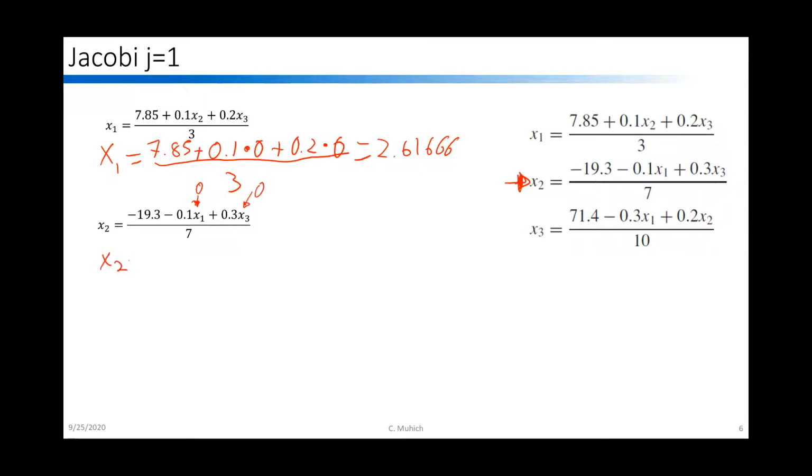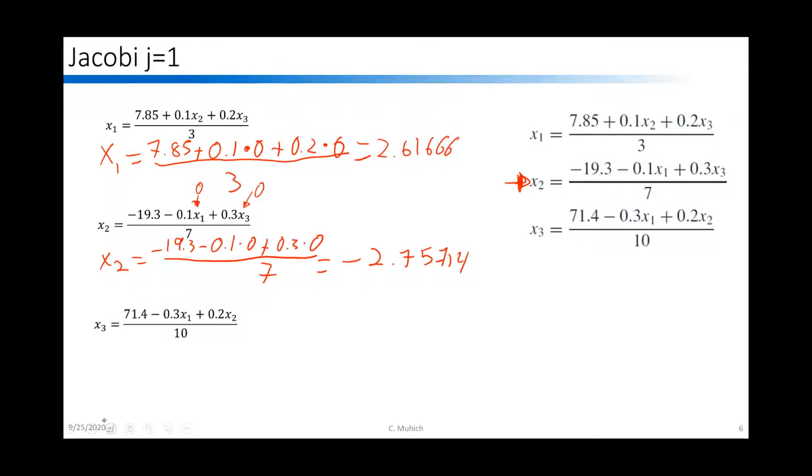So if I solve this out, we have negative 19.3 minus 0.1 times 0 plus 0.3 times 0 all over 7, and this comes out to be negative 2.75714. Right? And then we can do the same thing for x3.